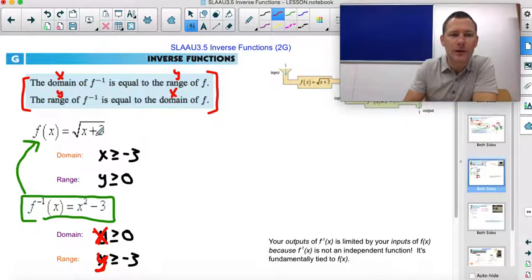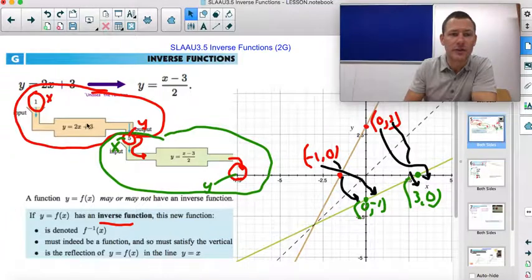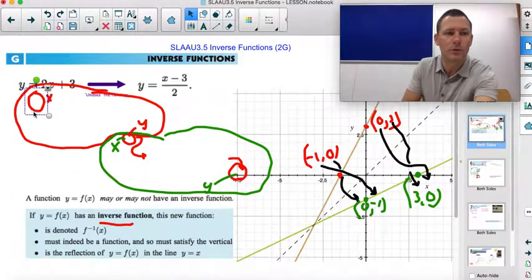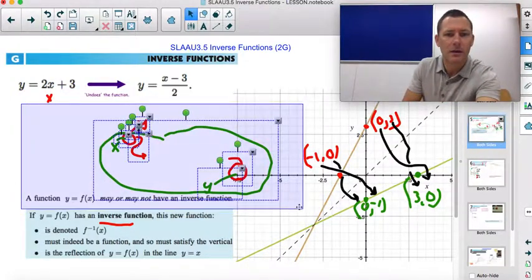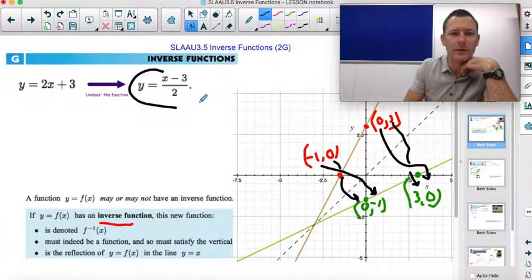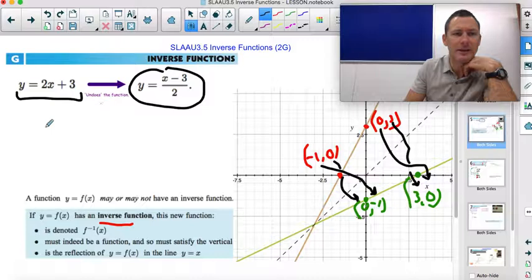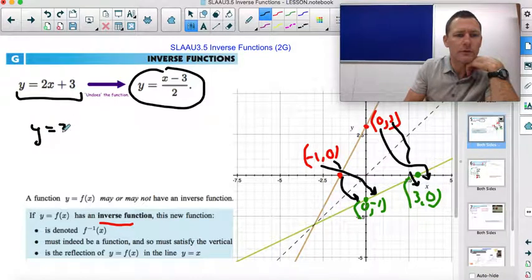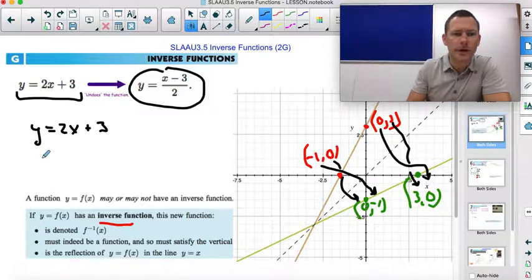There's an easy way to figure these out, and that's to physically switch the x and y. Let's go back to this guy. If you didn't know that this was the inverse, you'd find the inverse by taking y equals 2x plus 3. You'd switch the x's and y's around. You'd say, I want my x's to become y's, my y's to become x's.